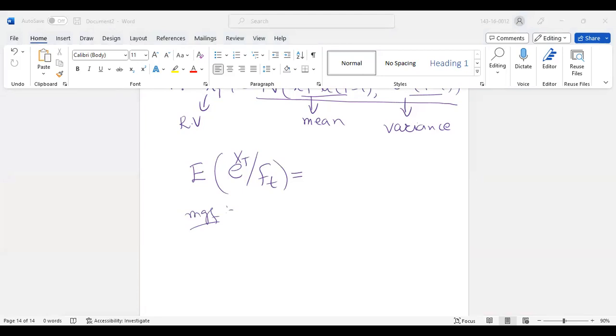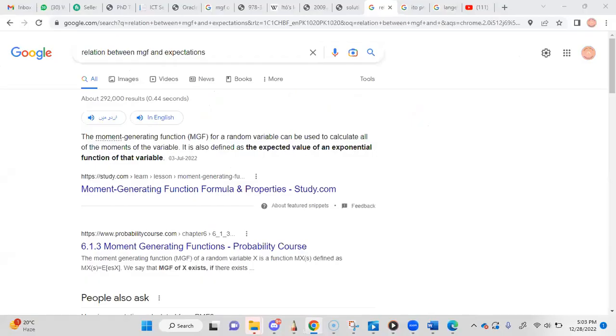Read this carefully. Read this line. What is it saying? That the moment generating function for a random variable can be used to calculate all of the moments of the variable. It is also defined as the expectation of an exponential function of that variable.